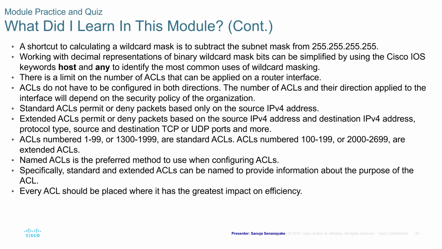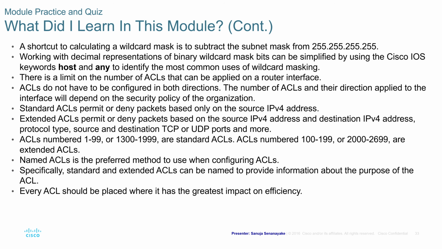The number of ACLs and their direction applied to the interface will depend on the security policy of your organization. Depending on how your network engineer and chief architects want you to apply those ACLs, or if you are the chief engineer or the network engineer, you should decide how those ACLs should be applied.